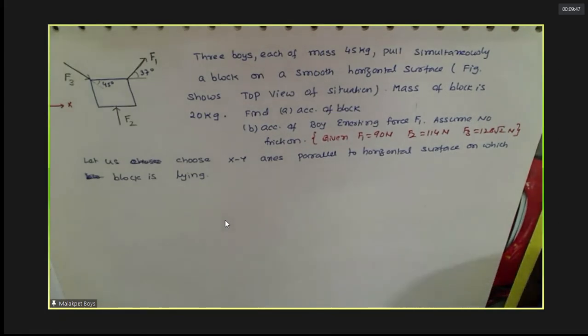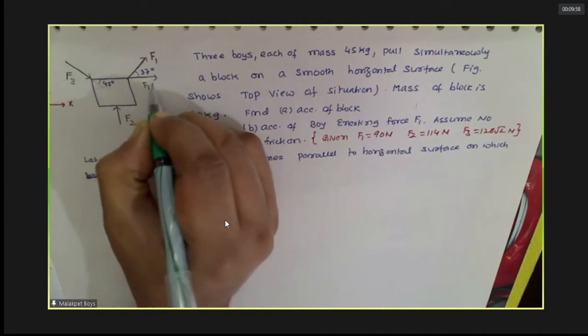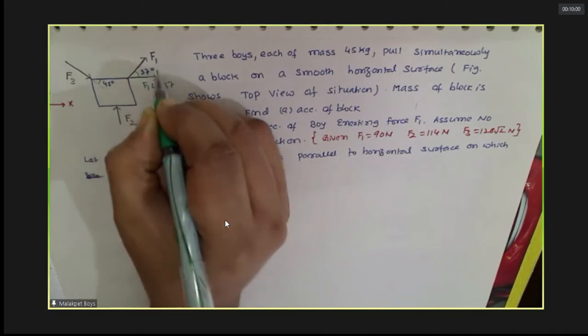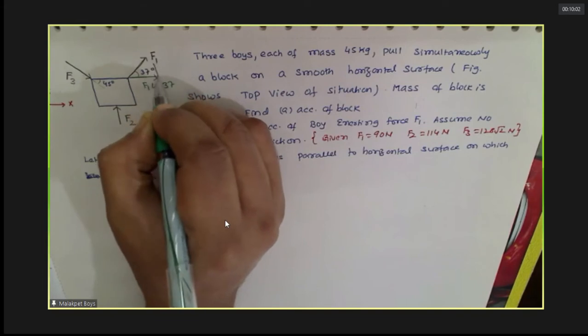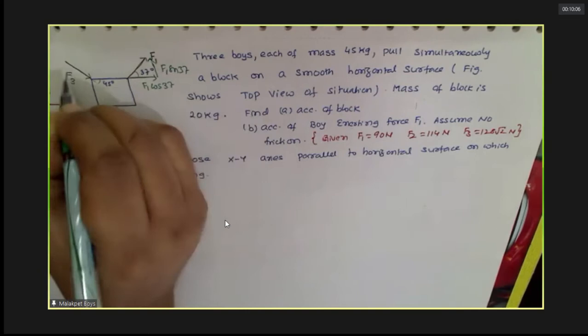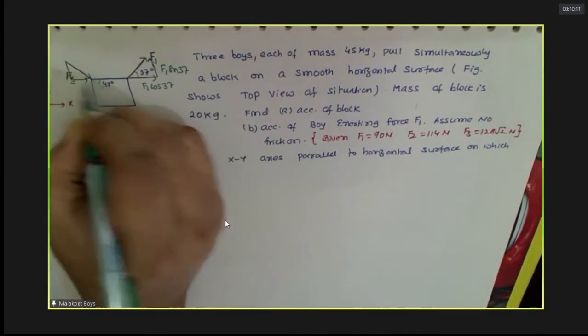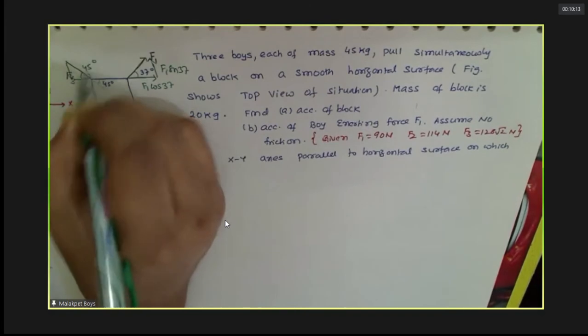After that, as usual, you have to resolve the forces. Do you agree? Now you can resolve this: F1 cos 37 and F1 sin 37. Similarly, if this is 45, this must be 45 also.